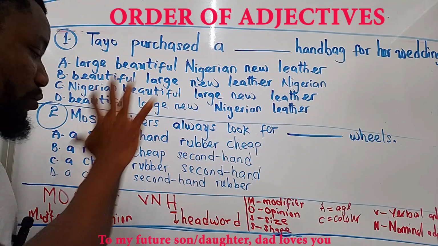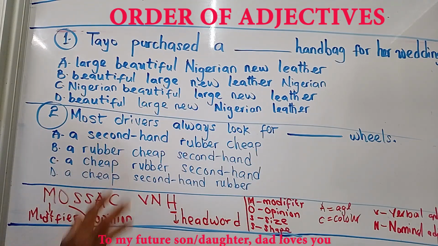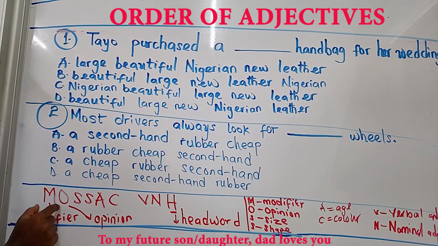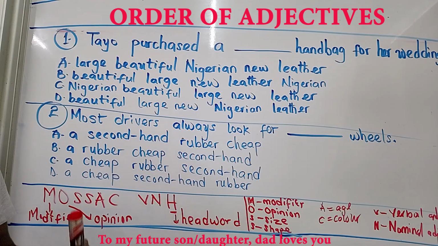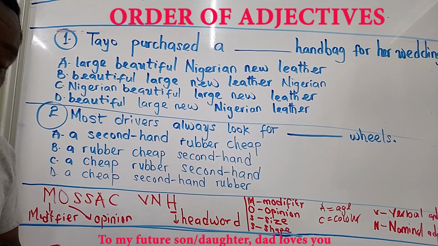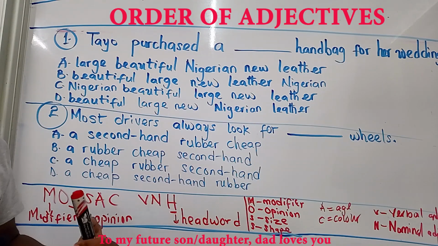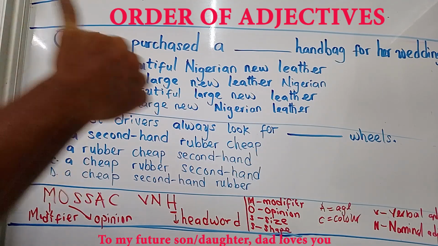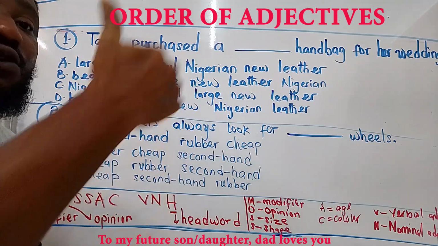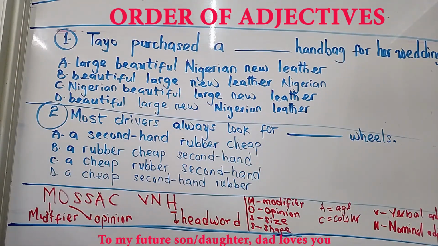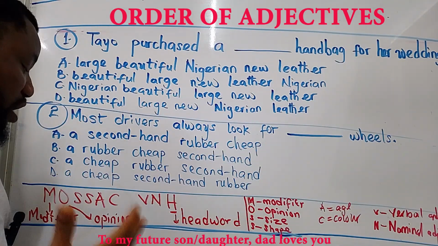So all of those are examples of adjectives that fall under the modifier. Basically, modifiers are determiners, articles, demonstratives, quantifiers, just adjectives that talk about other adjectives. They come before every other adjective. Modifiers should come first in the order of adjectives.